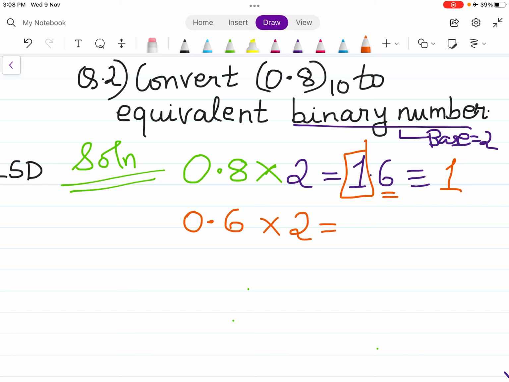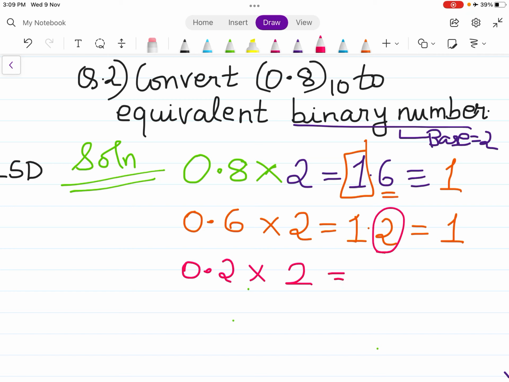We multiply it again by the base, 2. So 0.6 into 2 is 1.2. Again we write the carry 1. Multiply only the fractional part, 0.2 into 2, which is 0.4.